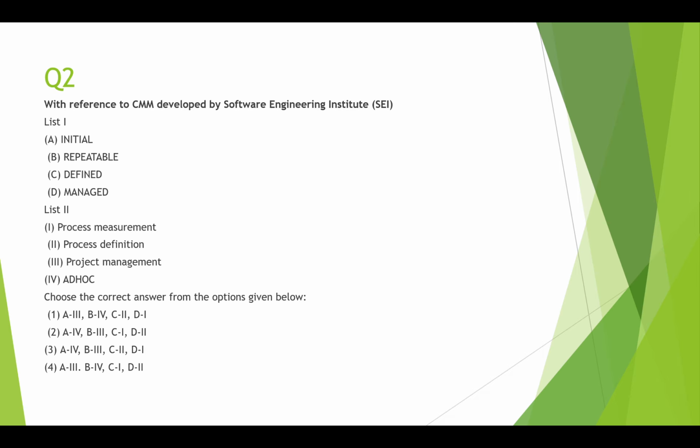Repeatable is process management, and Defined means process definition. C matches with second. From the options, we can see it matches A fourth, B third, and C second, which differentiates option 2 and 3. So we can easily answer it as option 3.